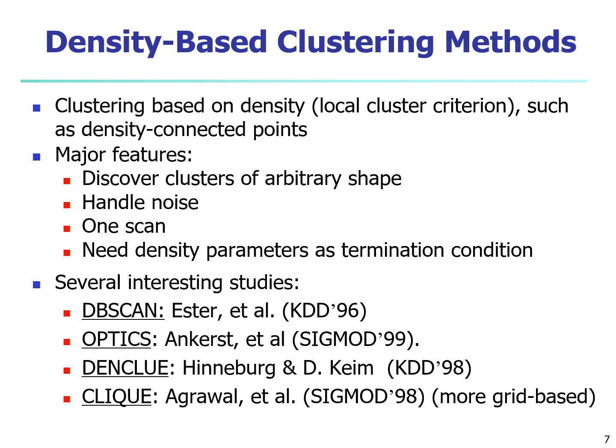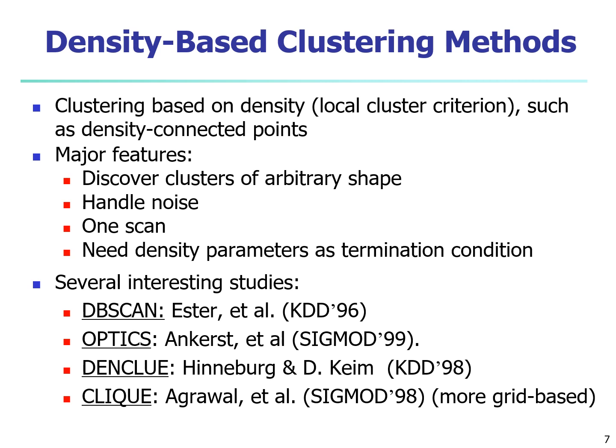The major features of this approach are that we can discover clusters of arbitrary shape. It can handle noise very well compared to the other approaches. We can do that in one scan of the data set. We don't need to do multiple scans. And in order for it to work, we will need to properly identify the density parameters in order to have a termination condition.